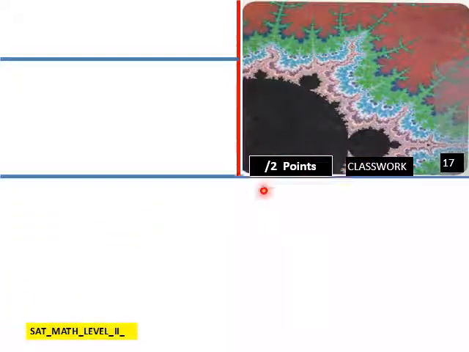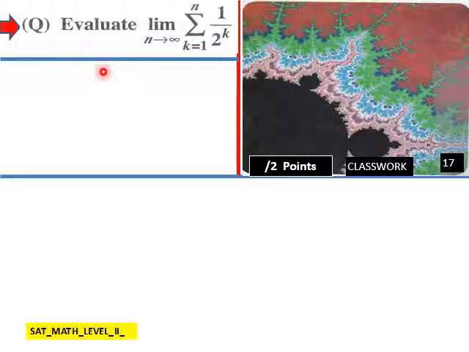Okay, now we're moving right along here. We're going to take a limit as n goes to infinity for the summation with an upper limit of n, and k equals 1, of 1 over 2 to the k. This is our formula for this summation as n goes to infinity.